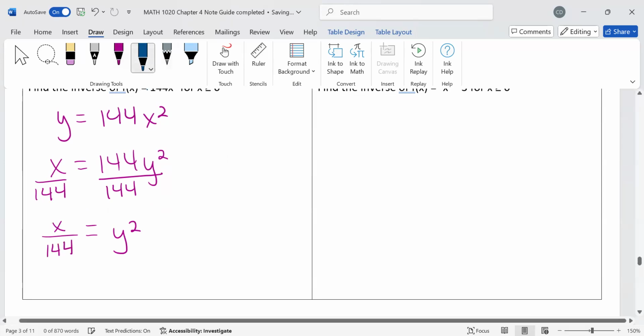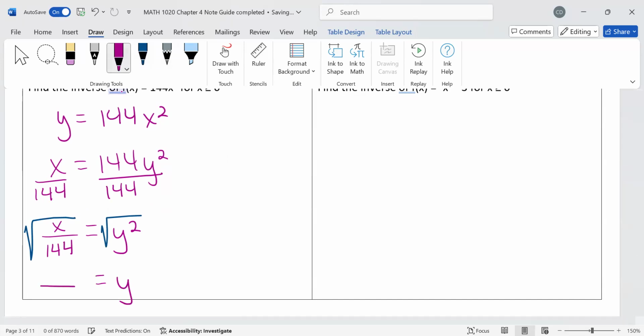Then to get rid of the square, you're going to take the square root of both sides. So on this one, on the bottom, the square root of 144 is 12. And the square root of x is just square root of x. Technically, it should be plus or minus. But because it says x is greater than or equal to 0, you're just going to leave it like this. So the inverse is the square root of x over 12.